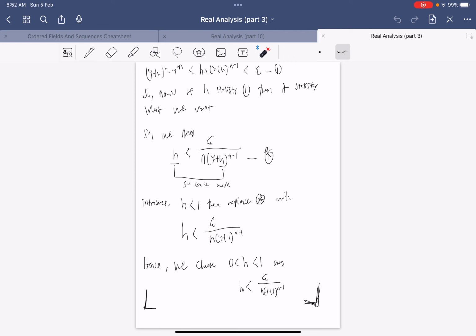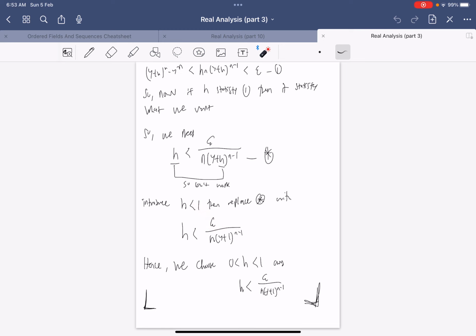Because now, if h is greater than 2, or h equals 2 basically, if h is bigger than 2, then here if you replace by 2, it will result in something smaller. And so you just need to choose the smaller of the two values.